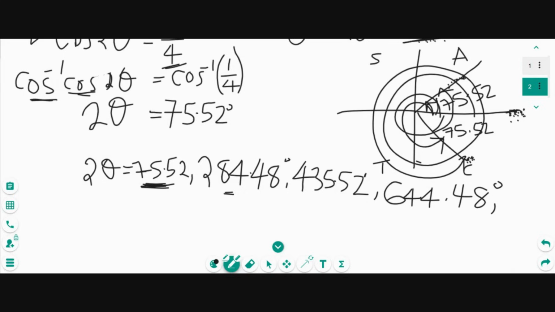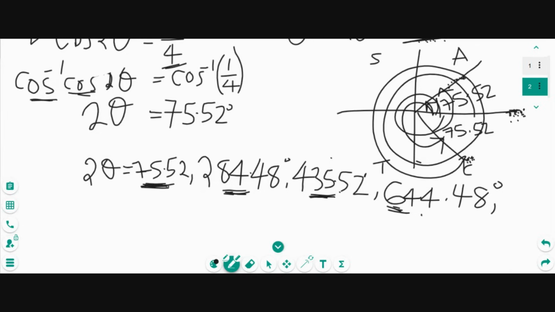I have added 360 here to get this one, and I've added 360 here to get this second one. And the last one, sorry. So on these last two, we try to make another cycle to see if it still fits.